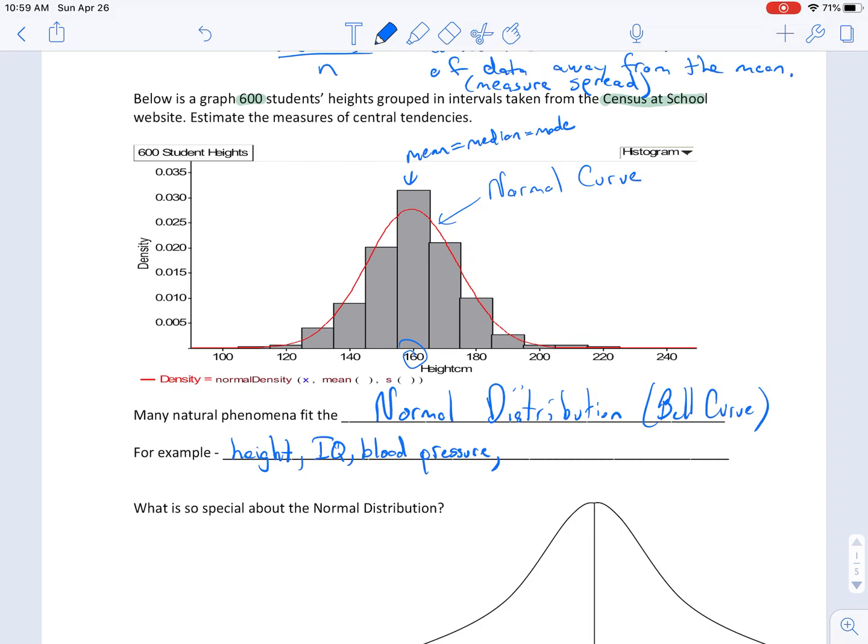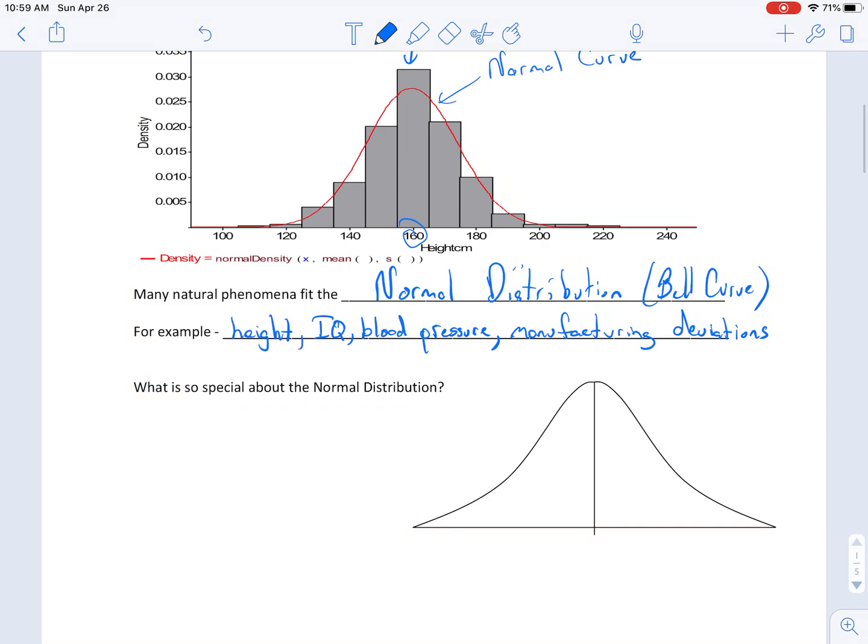Other things like if you're manufacturing things, the size of what you make, it's never going to be exactly the same. And so the distribution of sizes for many things in manufacturing also fit into a normal curve or a normal distribution. And so manufacturing deviations, I'll say.